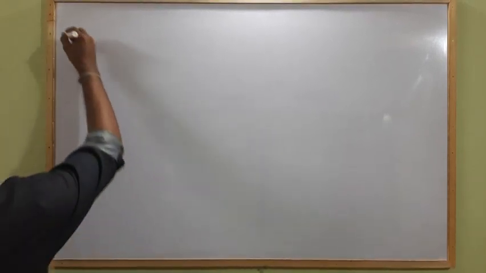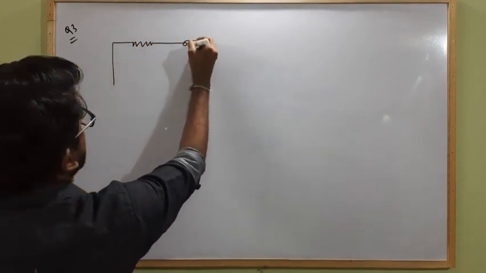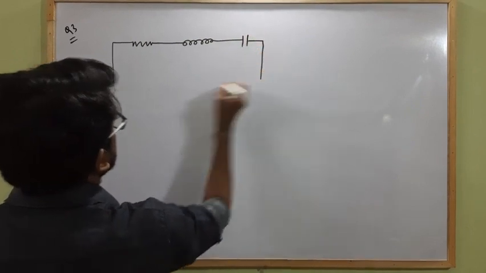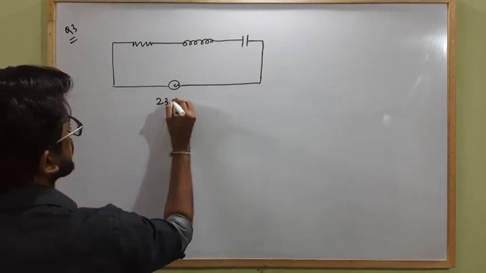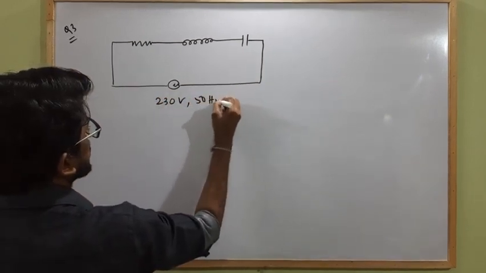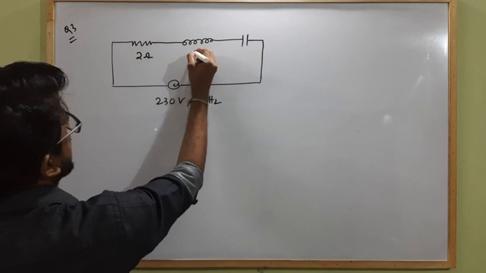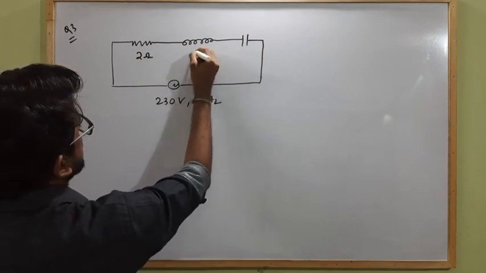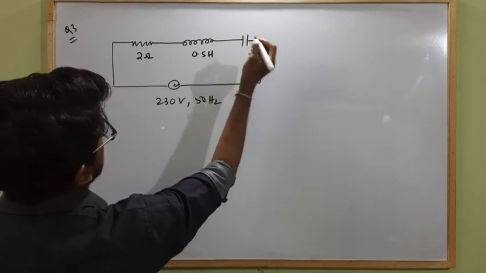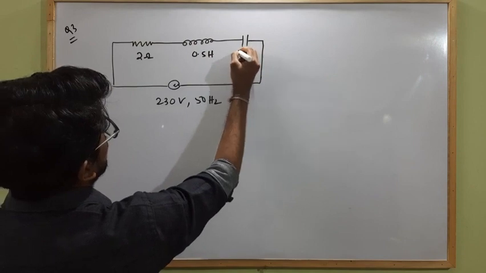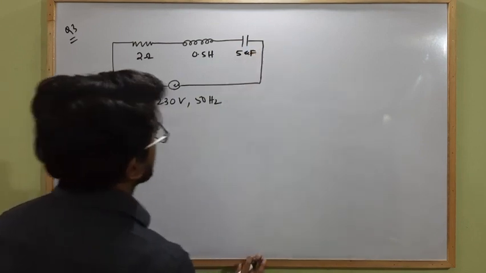Okay, next question. Here is a series LCR circuit. It is connected across an alternating source of 230 volt and 50 hertz. The resistance is 2 ohm, inductance 0.5 Henry and capacitance 5 microfarad.